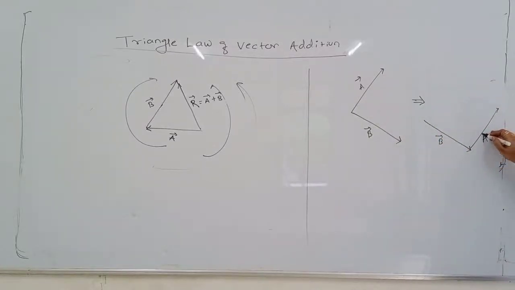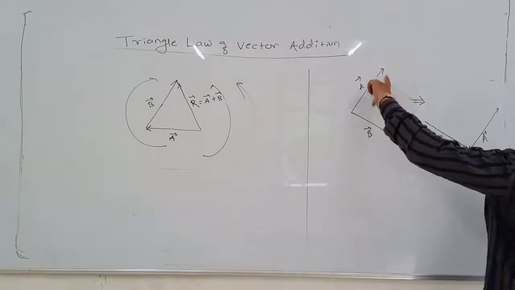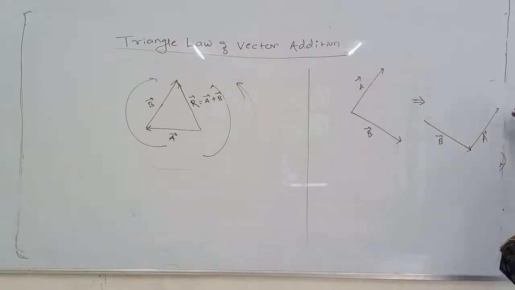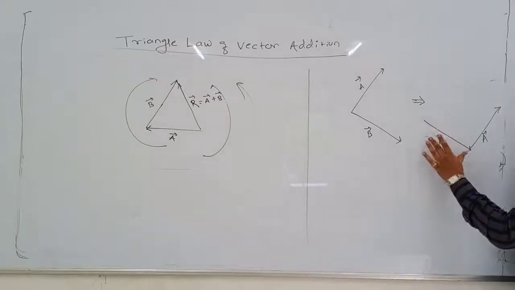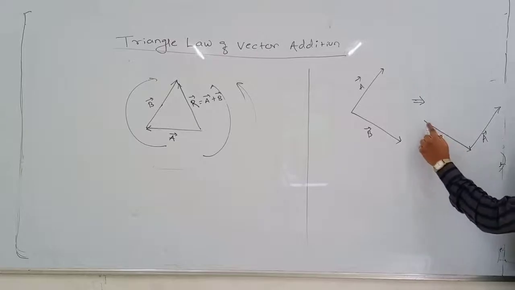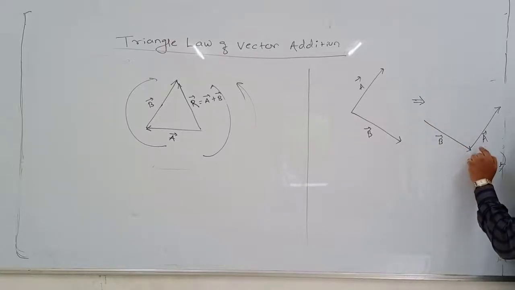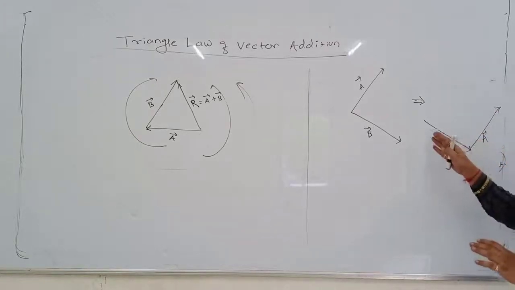This is vector A. Now these two vectors B and A are in the same sense, tail, head.